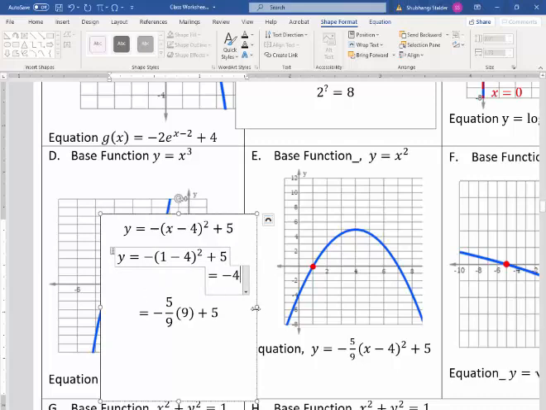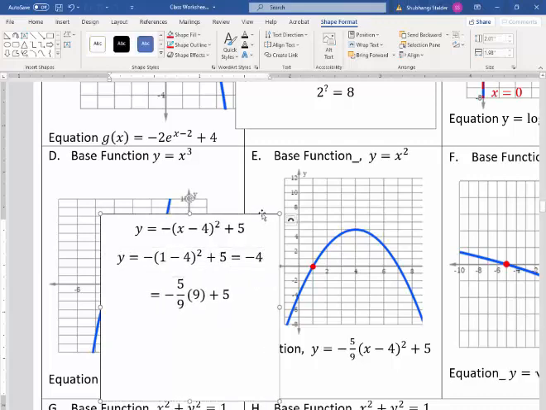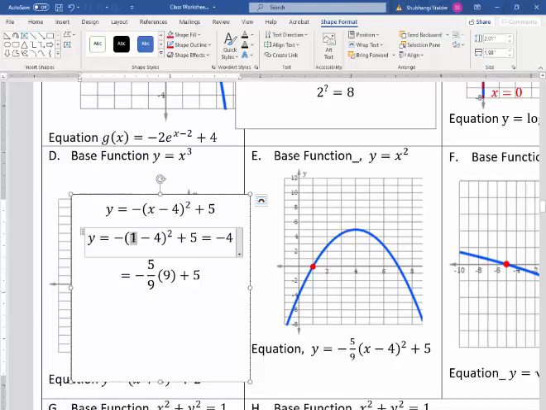This answer will be -4. Can you see? If I plug in 1 right now, I'll get -4. But I don't want -4. I want it to become 0, which means that this number has to be adjusted, that multiplier. The multiplier has to be such that you end up with -5 plus 5 will give me 0.